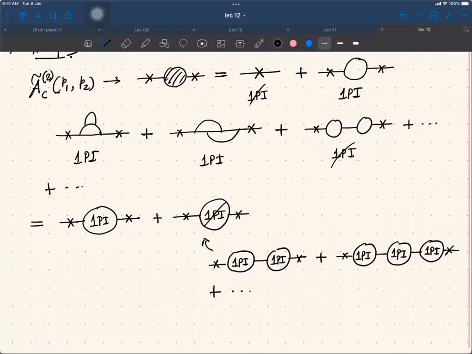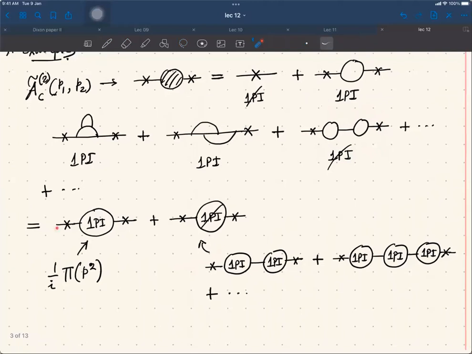Now, let me denote this by 1 over I pi of p square, where p is the momentum that is going in.